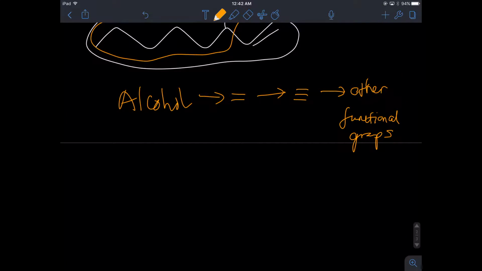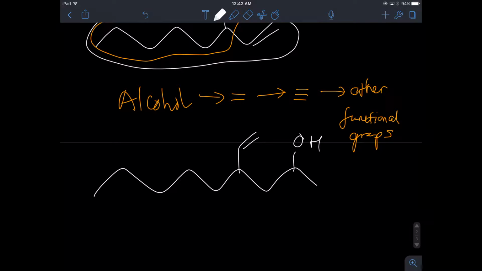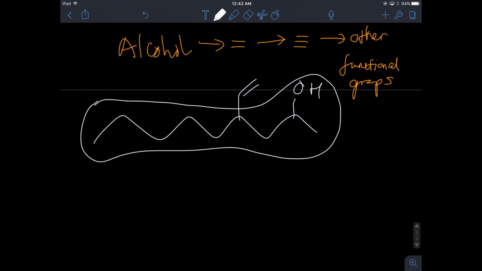Another example: alcohol right here, and a double bond. Where do we start to name it? We start from the alcohol. So the chain that includes the alcohol is the parent chain, right there.